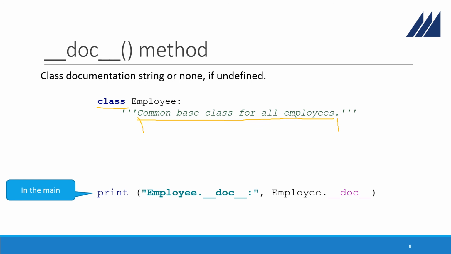Since it's between 3 quotation marks, we have a magic method in Python. You see over here, everything between the 3 quotation marks. We have something called __doc__. So what is this method going to do?